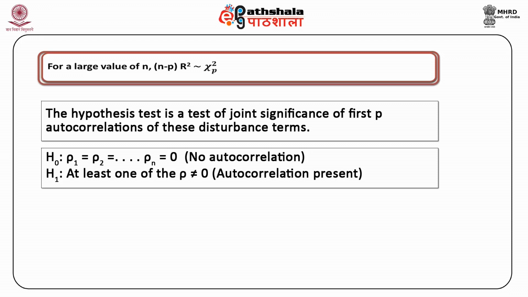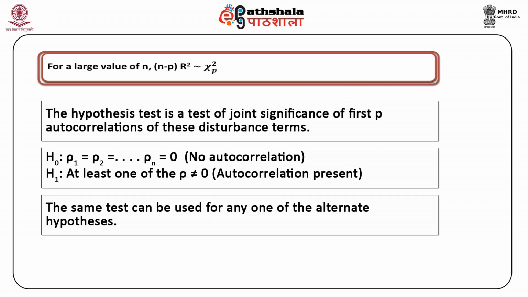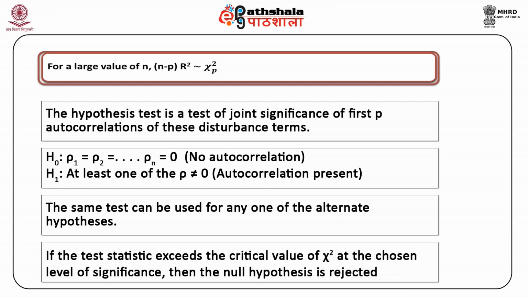Alternative hypothesis H1 is that at least one of the rho is not equal to 0, which means autocorrelation is present. The same test can be used for any one of the alternative hypotheses. The seventh or last step is, if the test statistic exceeds the critical value of chi-square at the chosen level of significance, then the null hypothesis is rejected.